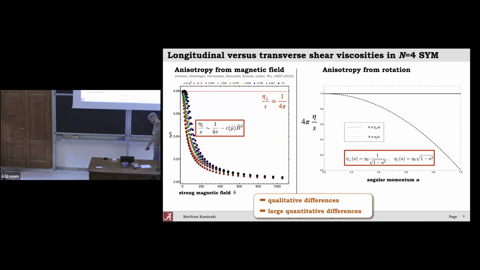I believe it's normalized to L squared. Right, so you can think of this as a Lorentz gamma factor exactly. You can think of this as the velocity divided by the speed of light or something like that.